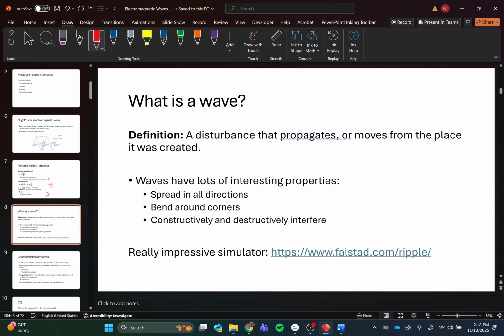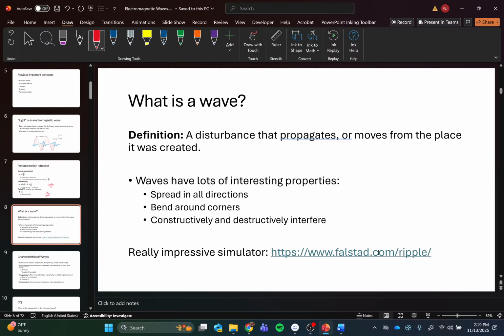Let's see, what's a good example of this one? I'm going to have a nice slide later that shows some pictures of it. I can't think of any specific examples that you might have experienced with that one, but maybe if you're in a pool, when all the waves run into each other, you get bigger points and lower points.